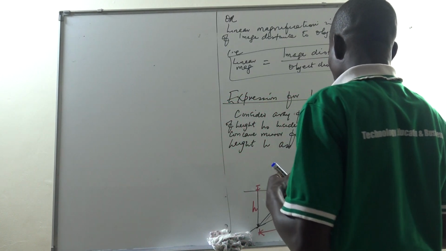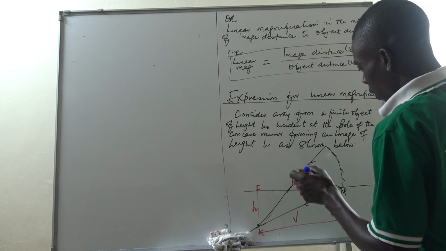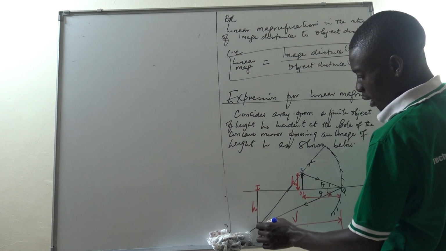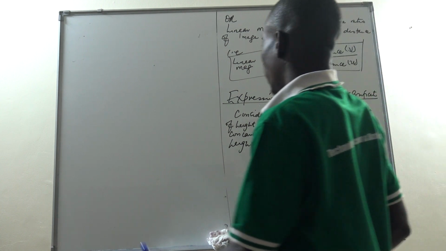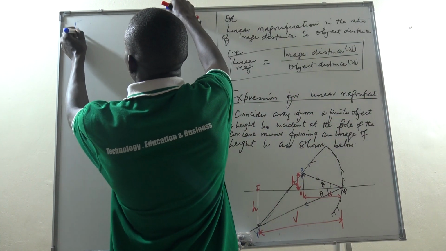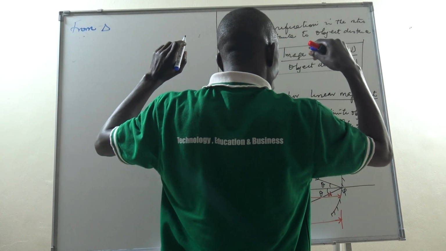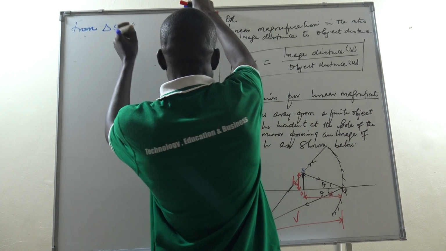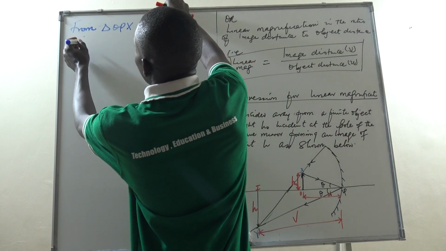We can now say, if I look at this one O, and then this is point X, this is point Y, from triangle OPX, what is tan theta?